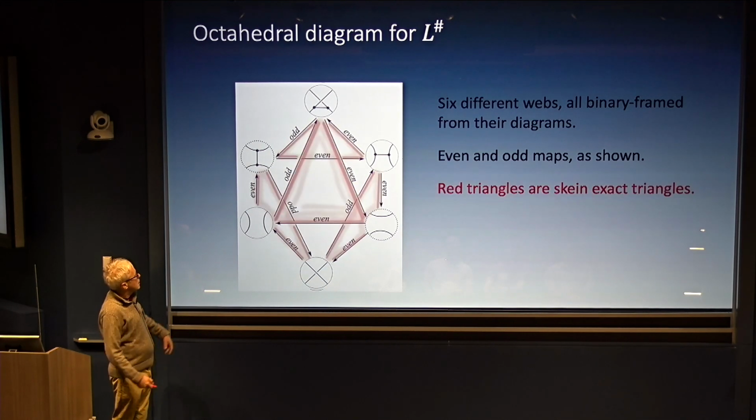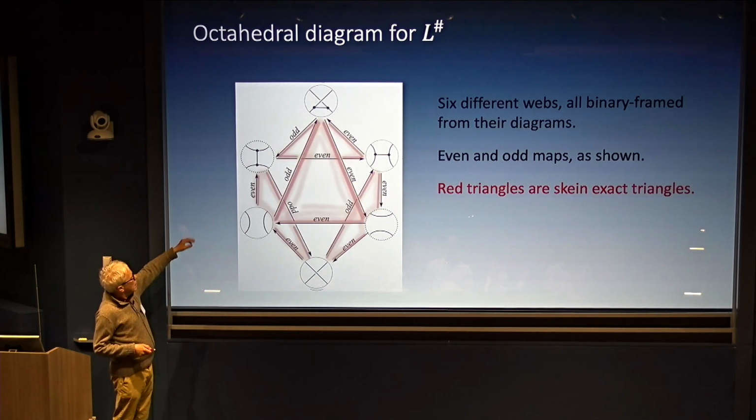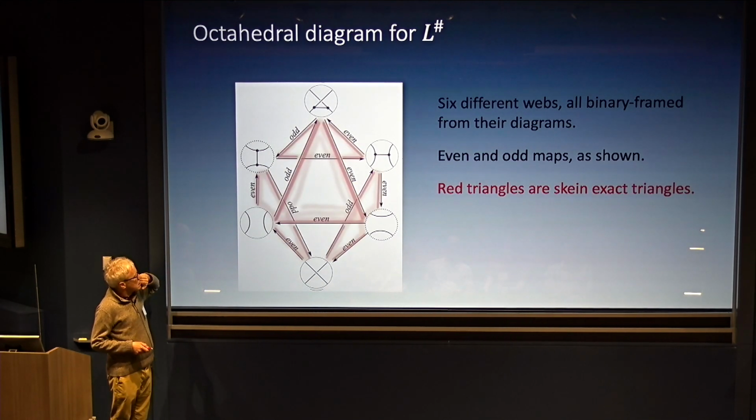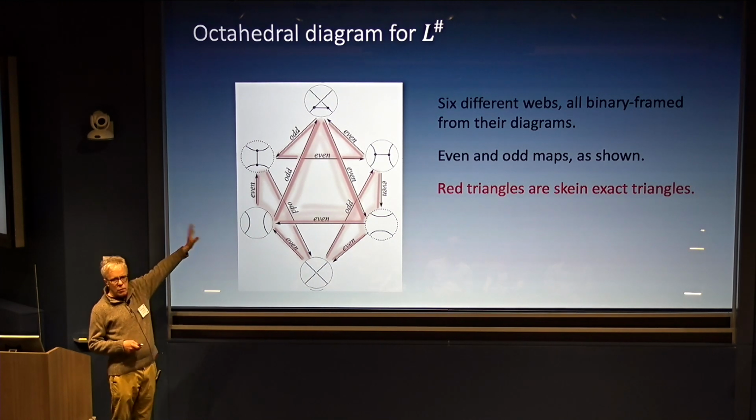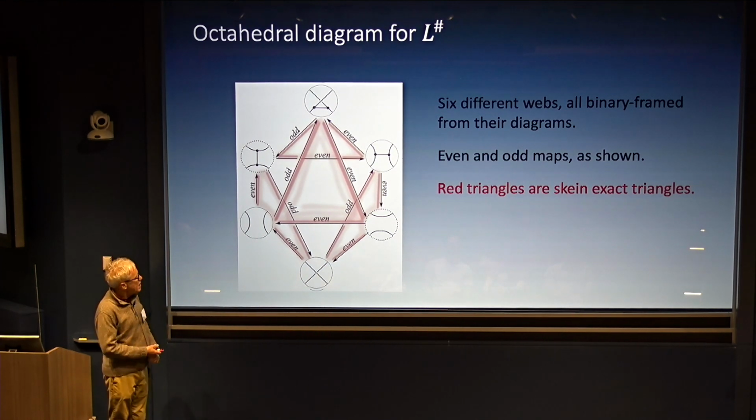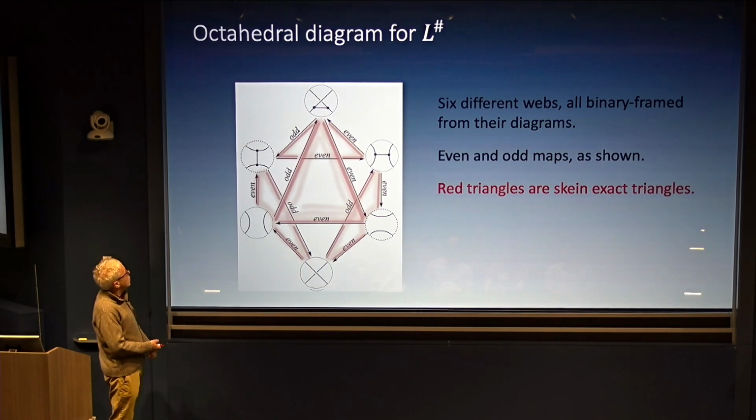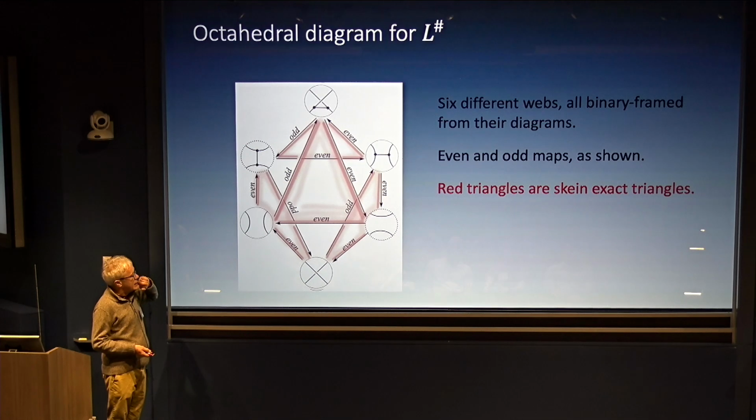These exact sequences fall into this octahedral diagram. Every edge there is a map from an elementary cobordism. Some of them have even degree, some have odd degree. Those red triangles, which are 4 of the 8 faces, are the Skein exact triangles that we've seen.